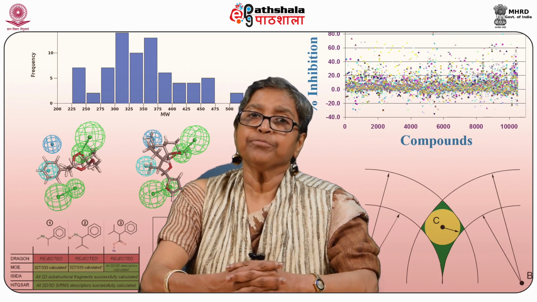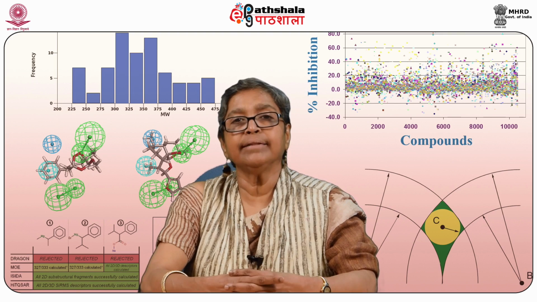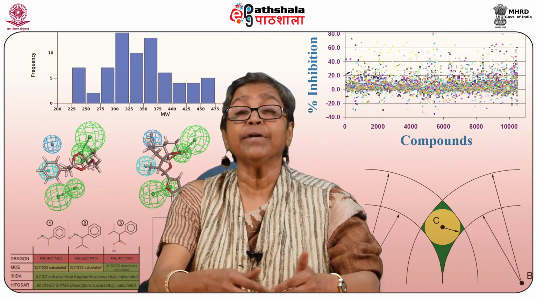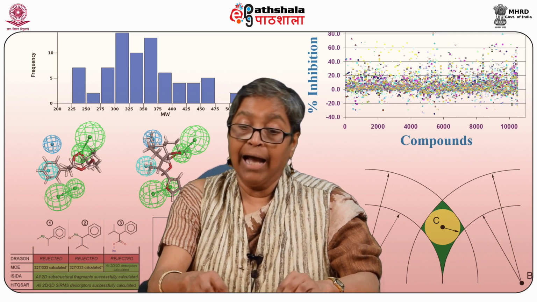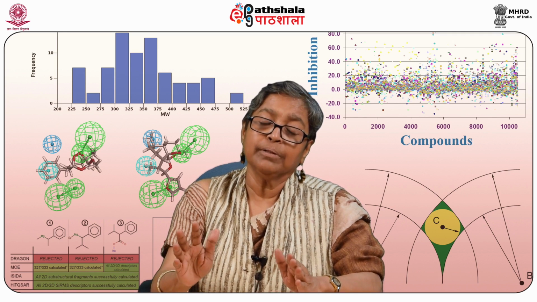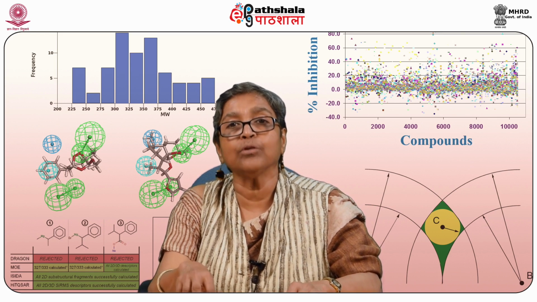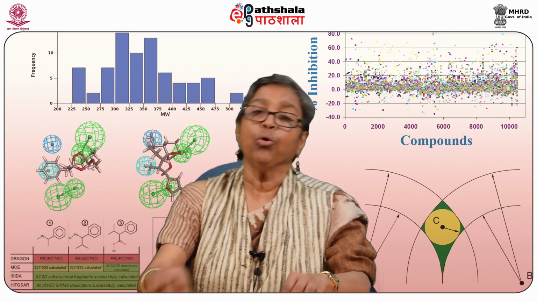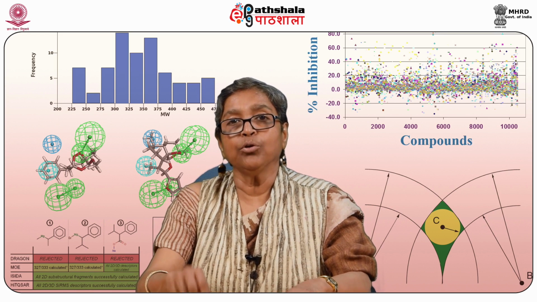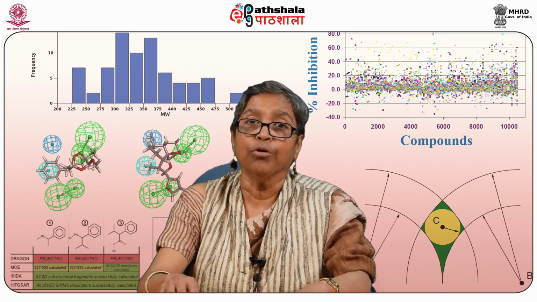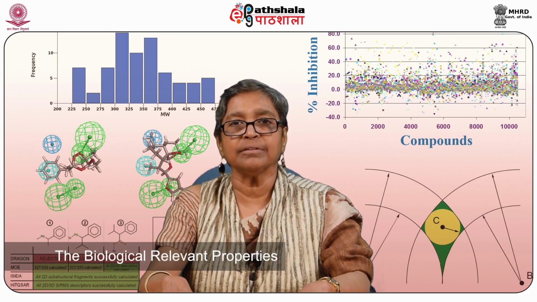So we have concluded mostly the effect of chemoinformatics using its different kinds of descriptors, and we have passed on to you this information on how to actually calculate these descriptors. We also have described which are the important descriptors that take care of biologically relevant properties.